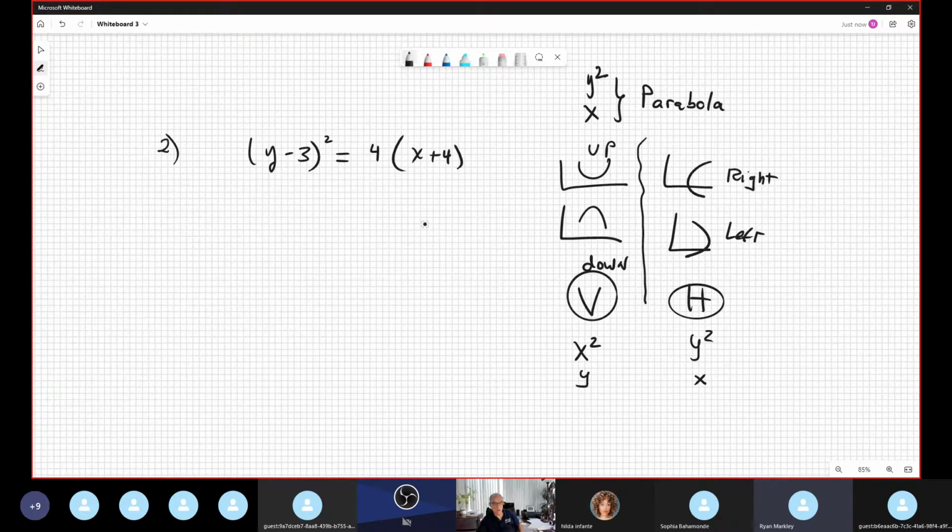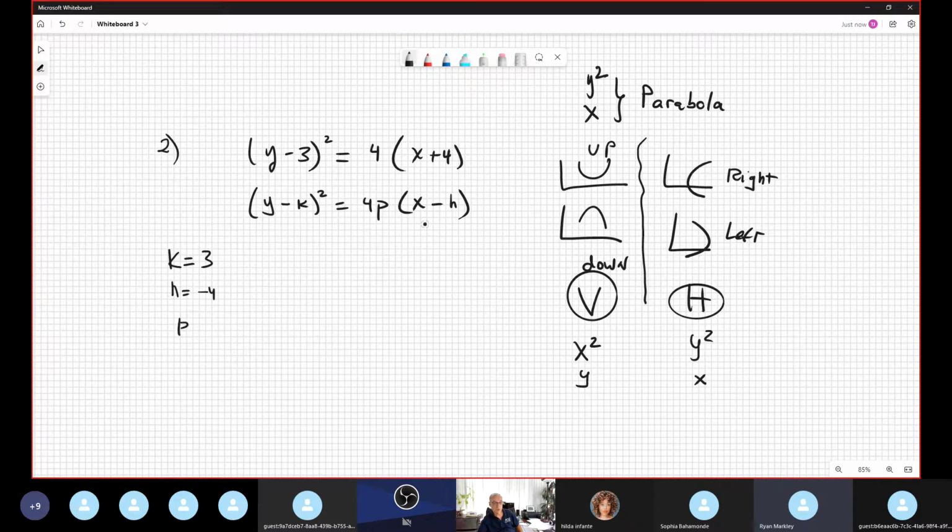Remember, my equation looks like this: (y - k)² = 4p(x - h). So you compare this equation and that equation, and it is obvious that k is 3. Look, the same sign. And h is -4, the opposite sign, look.